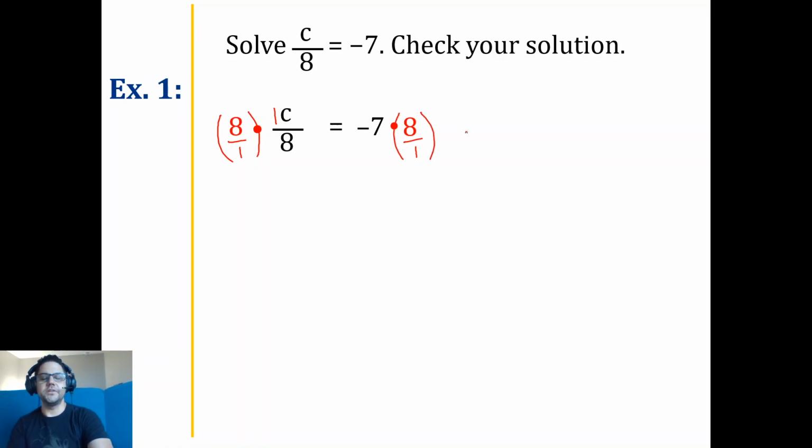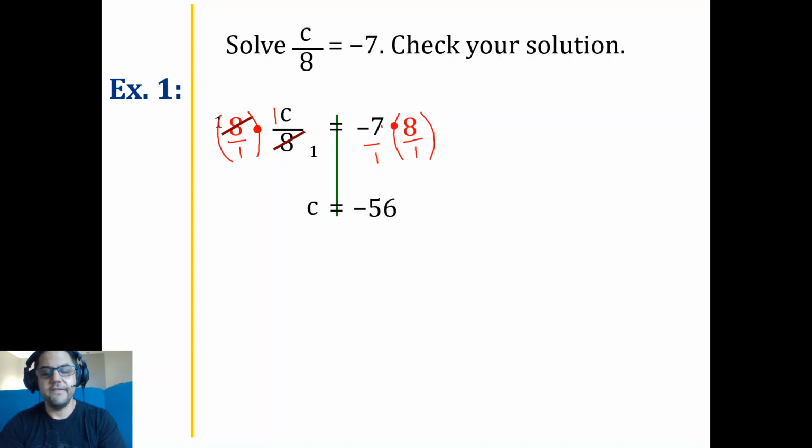Parentheses just looks a little bit better to me, and I'm using the full reciprocal because instead of 1 over 8, it might really be 5 over 8. And remember, at that point, I would be looking for cross-canceling. With these little ones, though, there's no cross-canceling going on. So I know that c is going to be equal to -56.